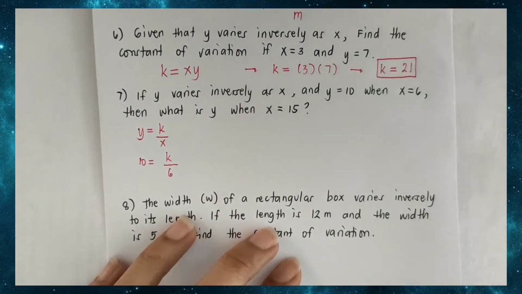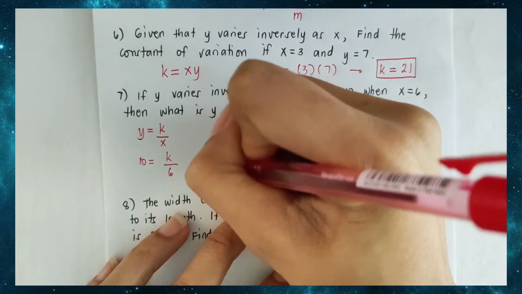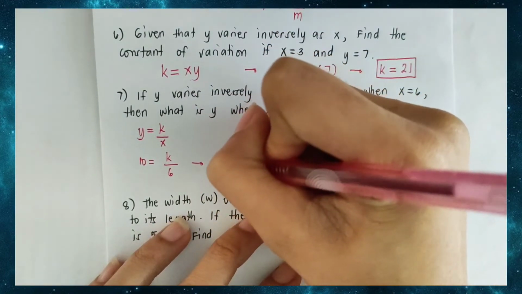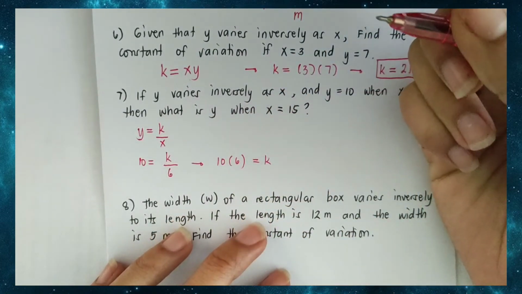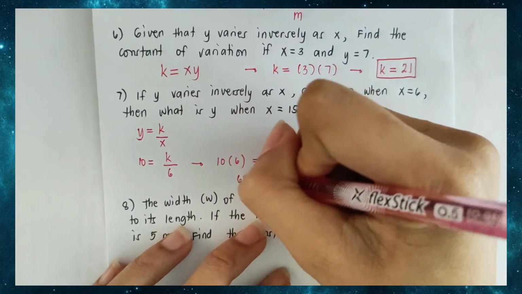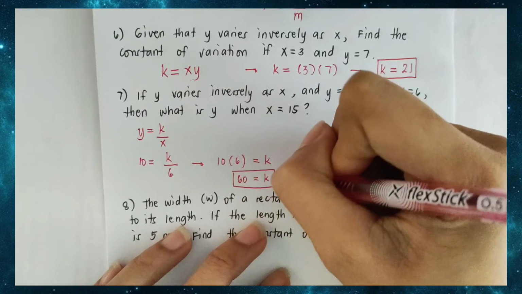So cross multiply, our k here now will be 10 times 6. Perform the calculation. 10 times 6 is 60. That is our constant of variation.